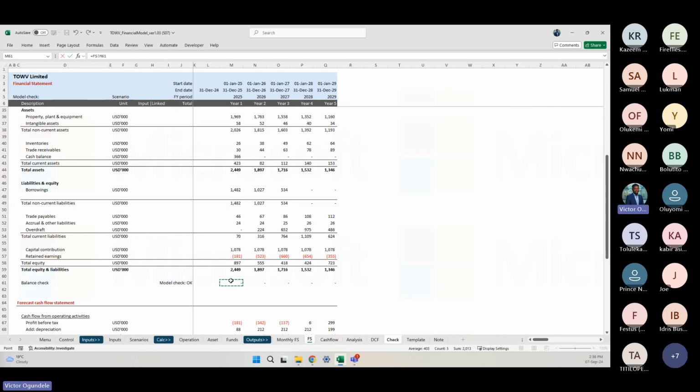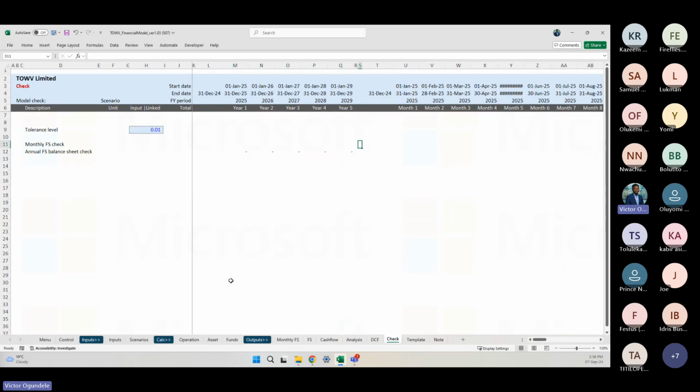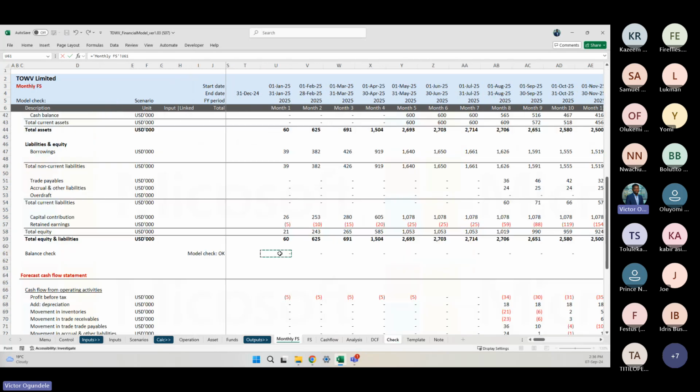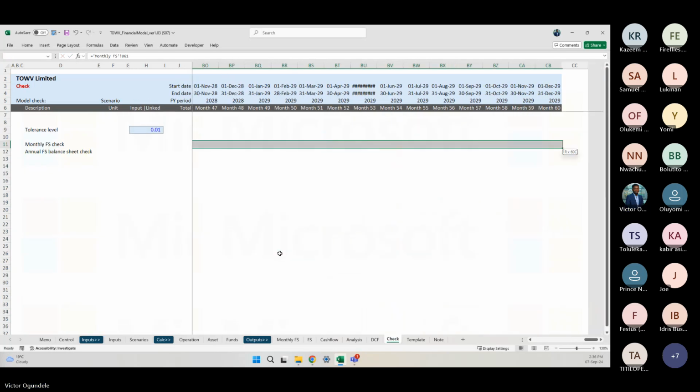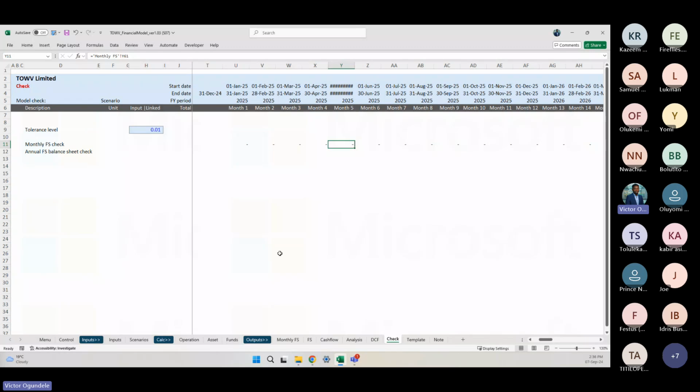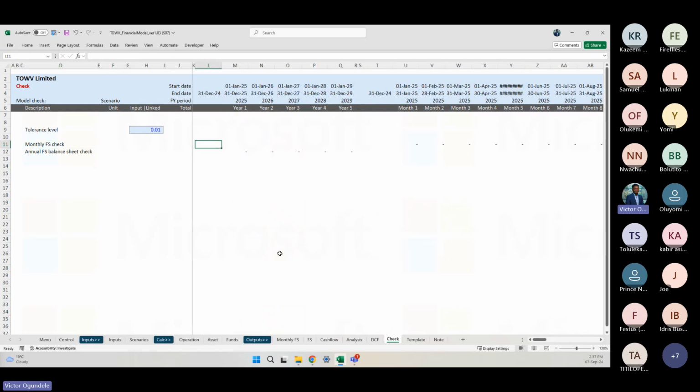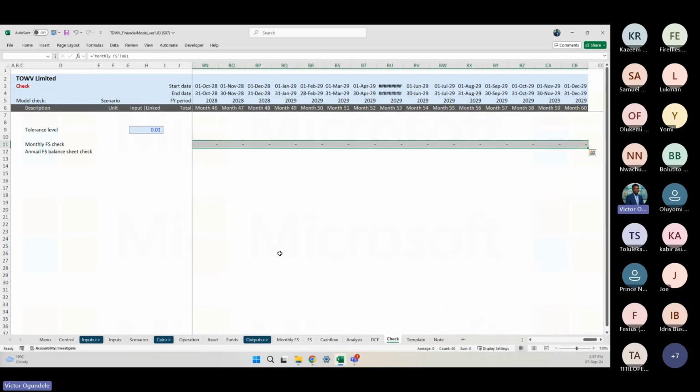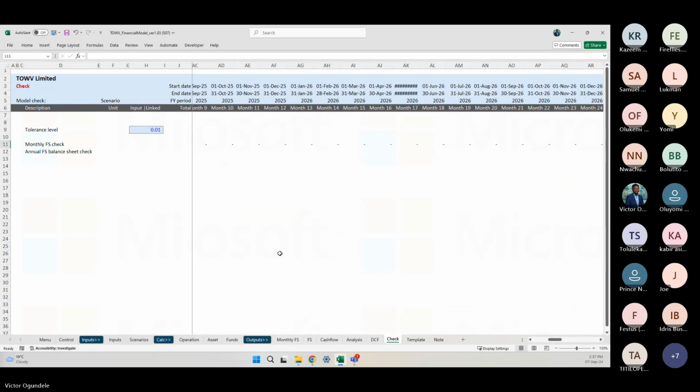The one for monthly, you also link for the monthly.